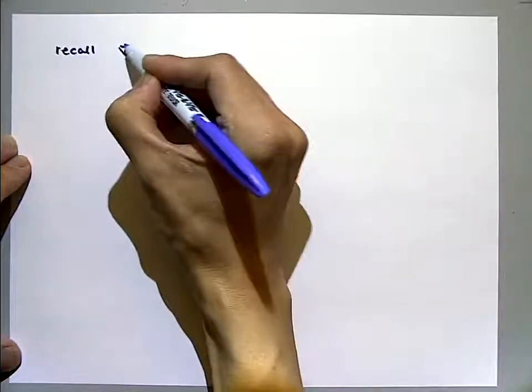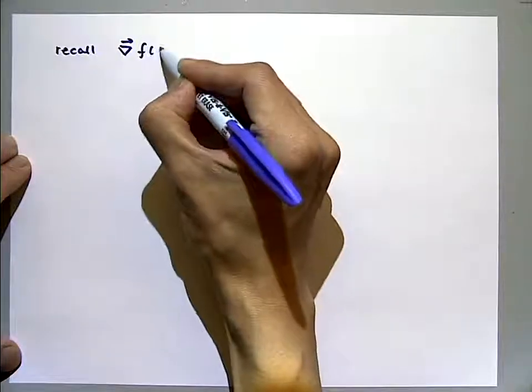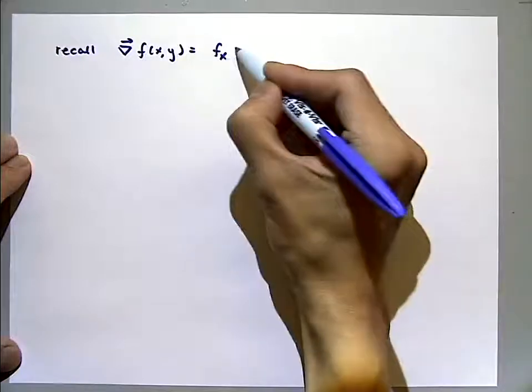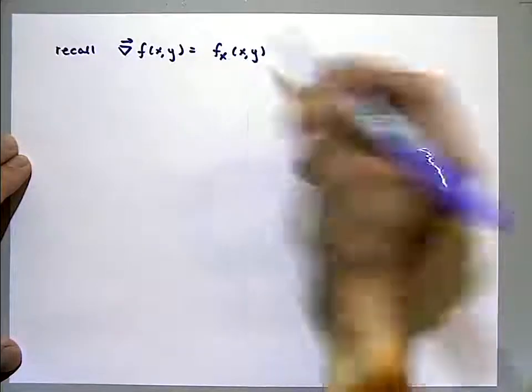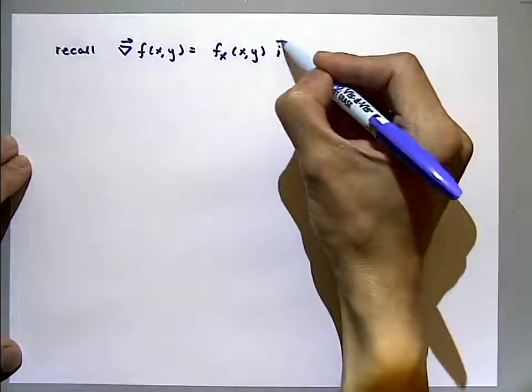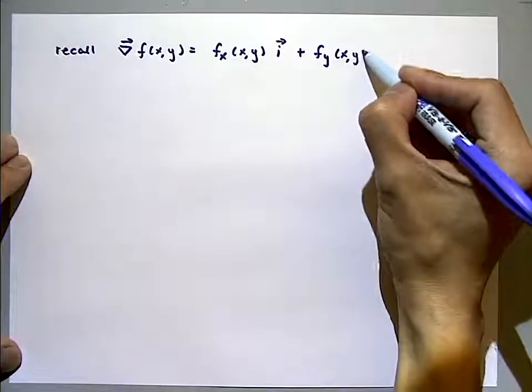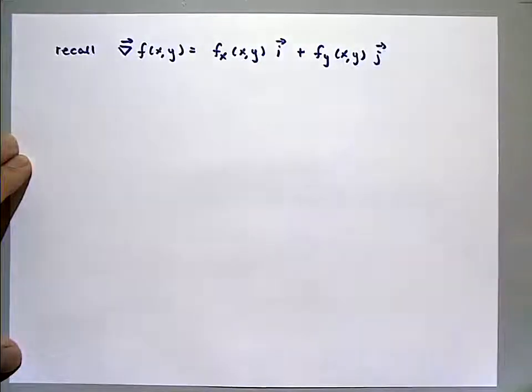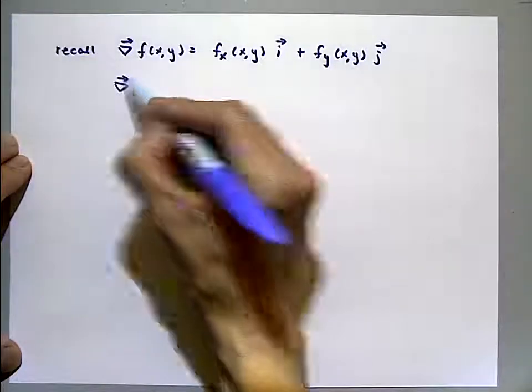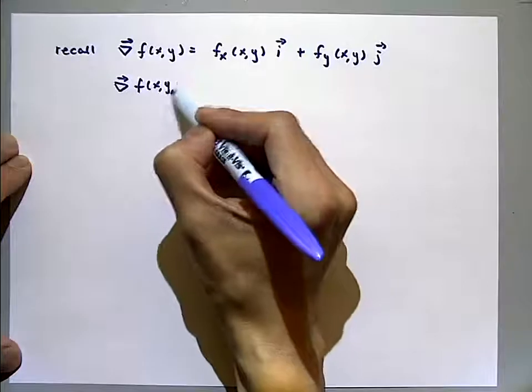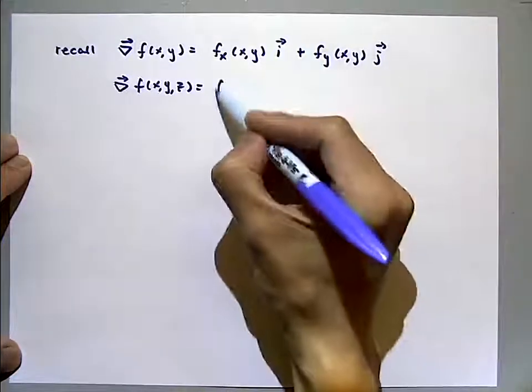Now you remember, if you take the gradient of a scalar function, then you get a vector, right? You get f_x of (x,y) i plus f_y of (x,y), the partial derivatives, j. And of course, that's the same thing in the three-dimensional world.